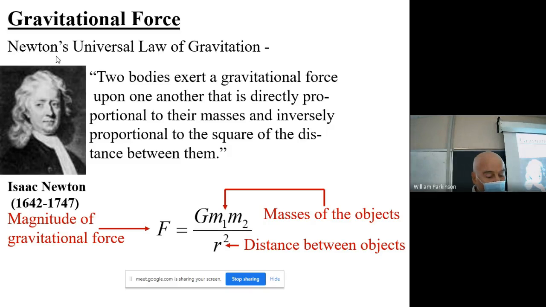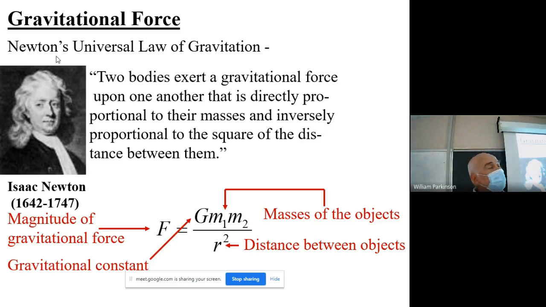So then what is G? G is called the gravitational constant of the universe. It's a fudge factor that makes the 2 sides equal. So the left side isn't equal to the right side unless you multiply the masses divided by R squared by a magic number.